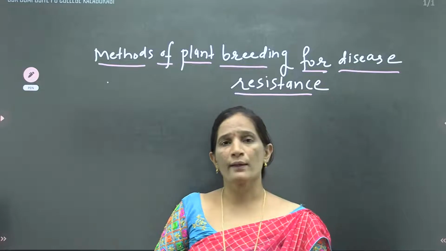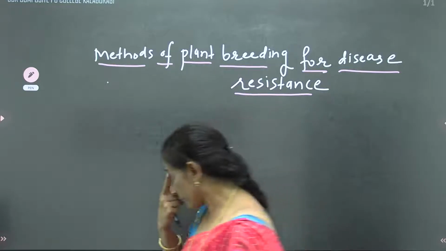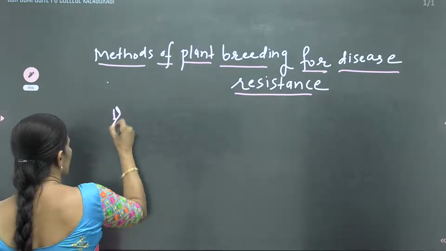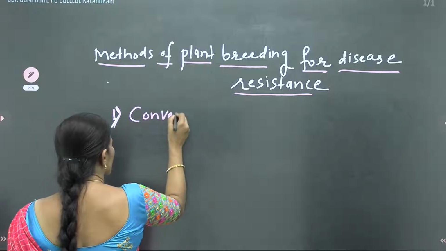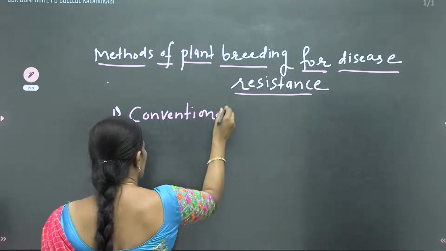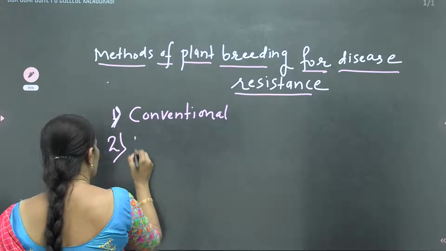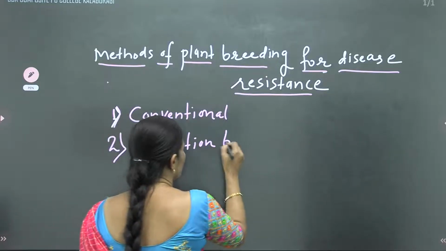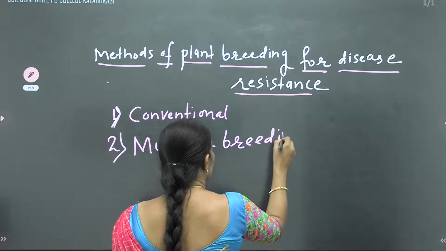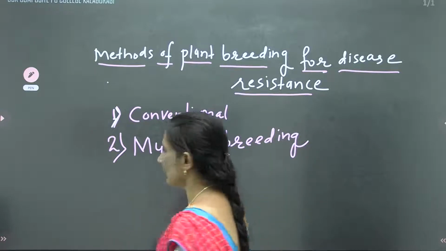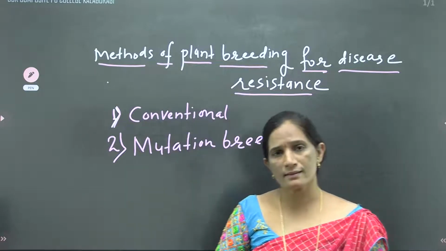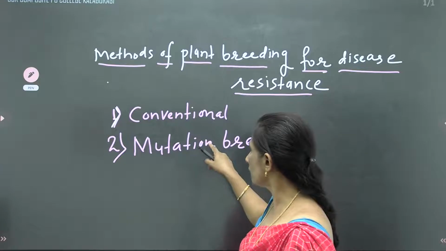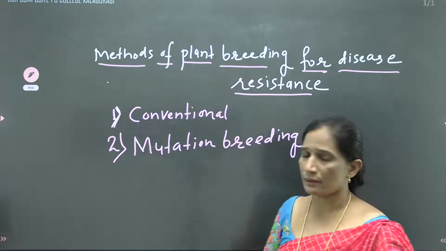Breeding is carried out by two methods. One is the conventional method and another one is mutation breeding.